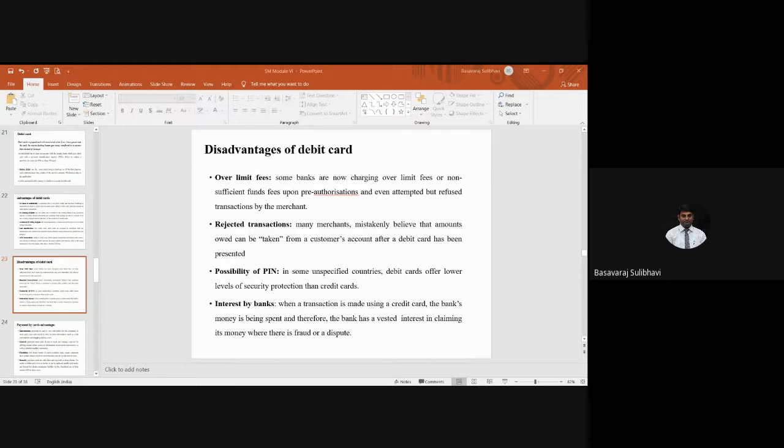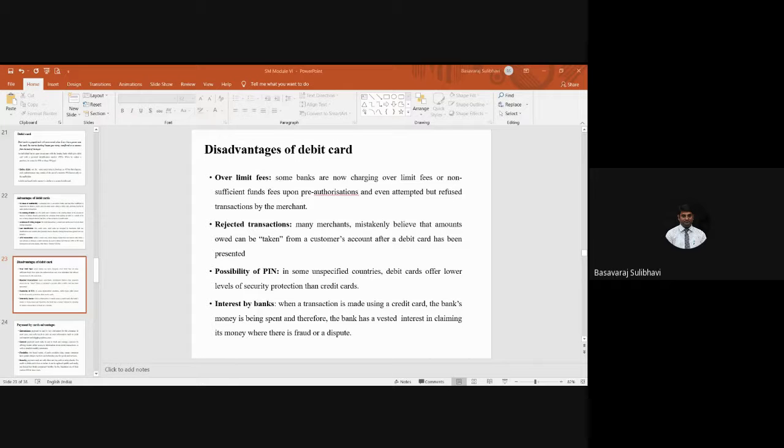Then we have the possibility of PIN misuse. In some unspecified countries, debit cards offer a lower level of security protection than credit cards, where if the PIN is not well secured by the card holder, that can lead to a disadvantage where anybody can use it.